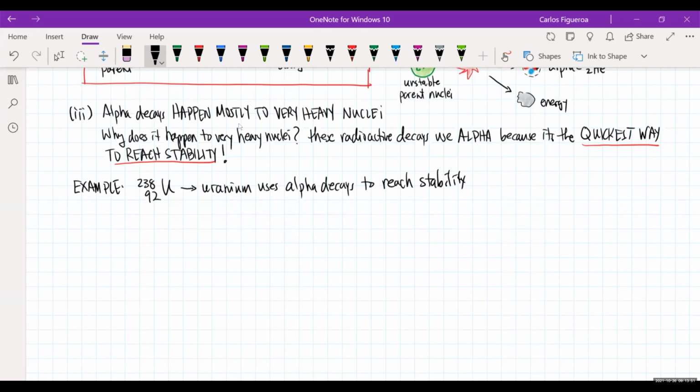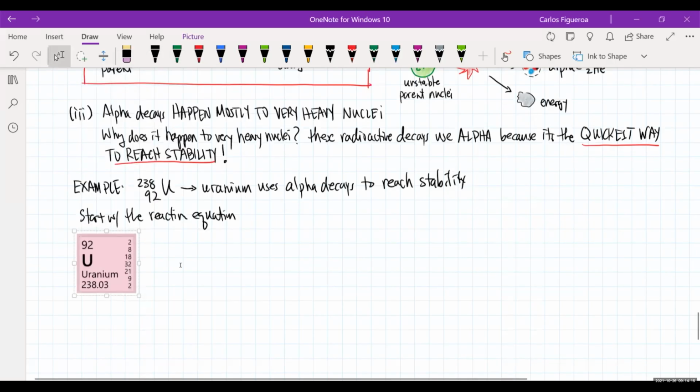So what happens here? What we'll do is start with the reaction equation. What do I mean by that? Well, we should start with uranium. So here's my copy of uranium.